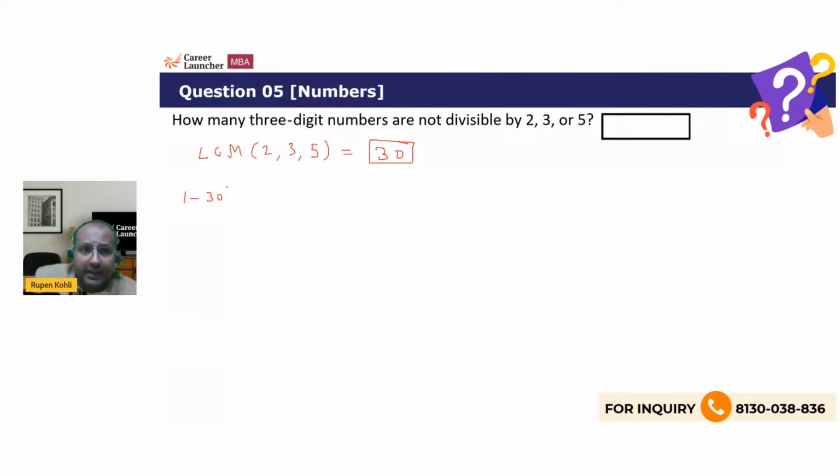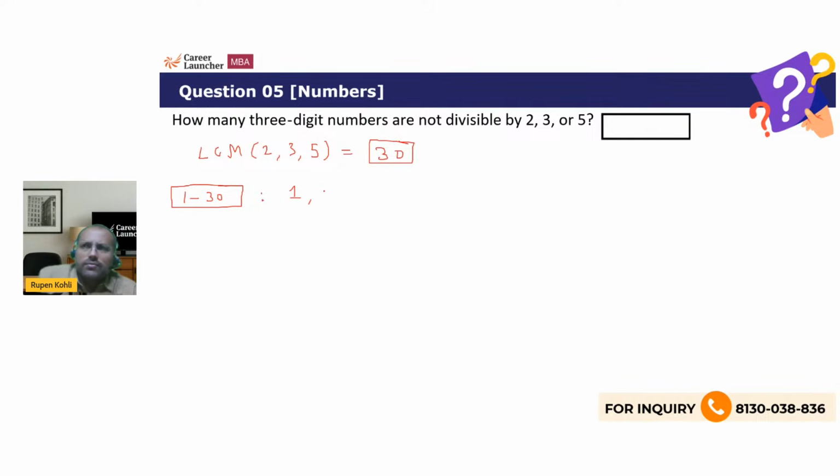From 1 to 30, how many numbers satisfy this condition? Which means they are basically co-prime with all the three divisors 2, 3, 5. Well, just count them. It's not a very large range, 1 to 30. So 1 is co-prime with every number, remember.